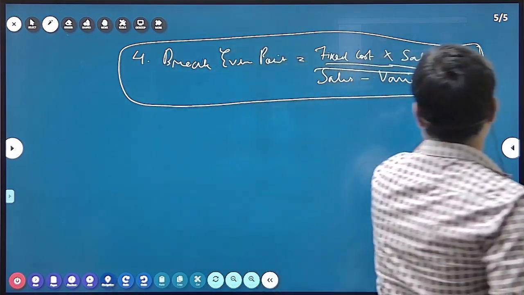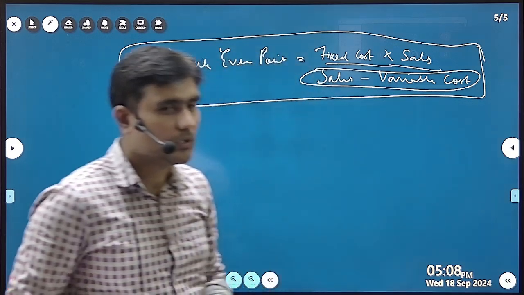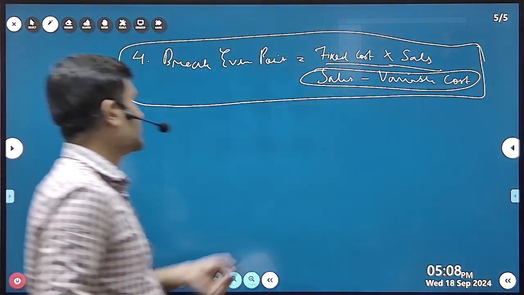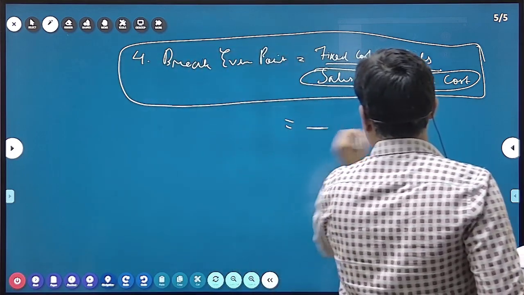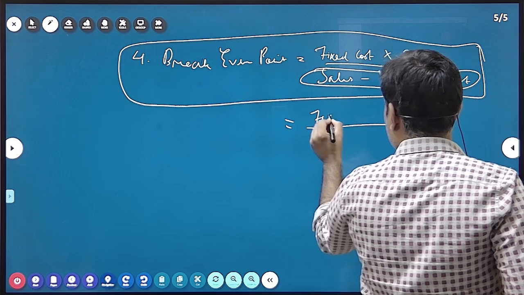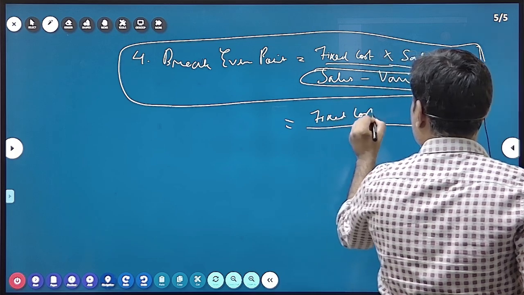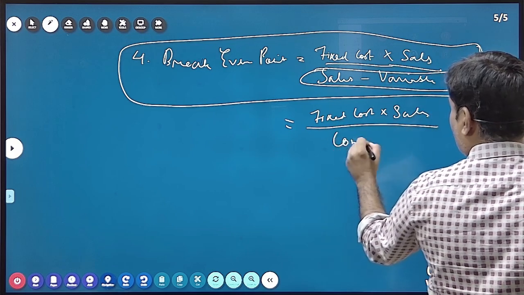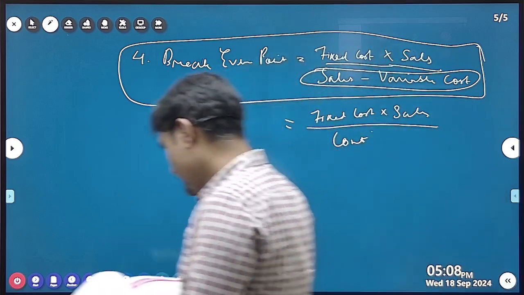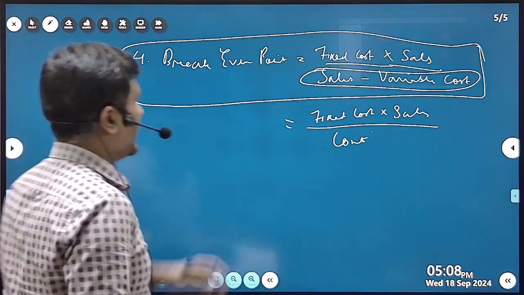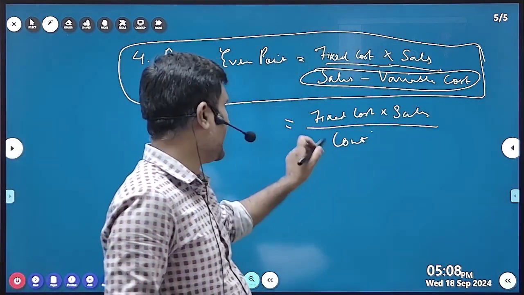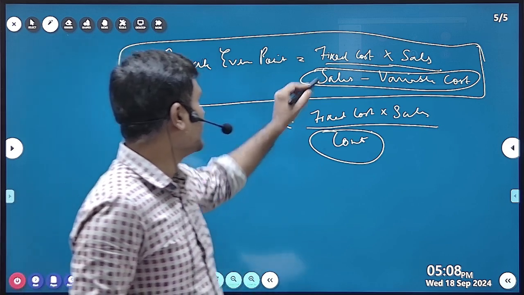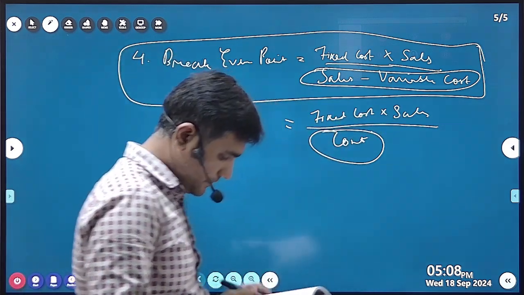Now we all know from formula 2, sales minus variable cost is your contribution. So you can also write fixed cost into sales by contribution. If sales and variable cost are not given but directly contribution is given in your question, then you can write fixed cost into sales by contribution.